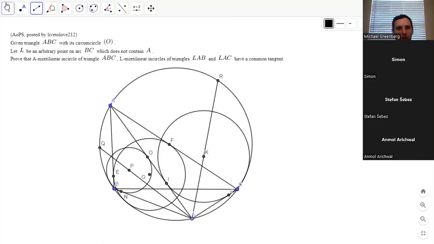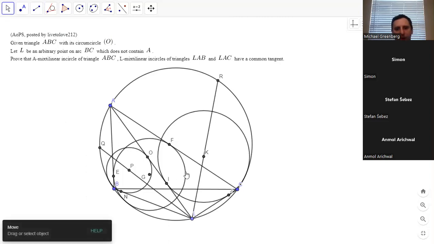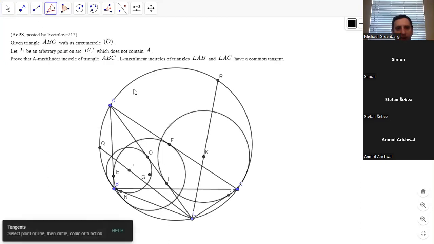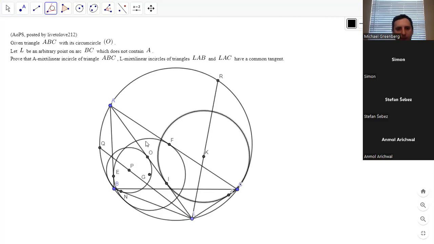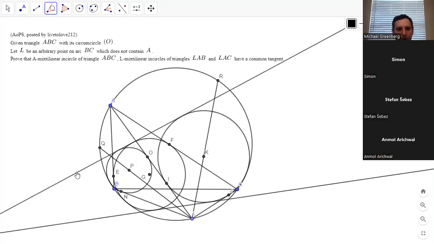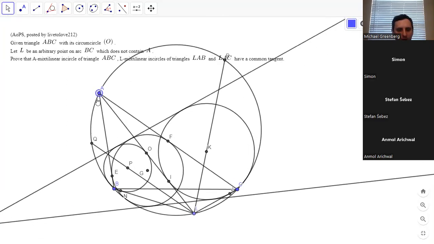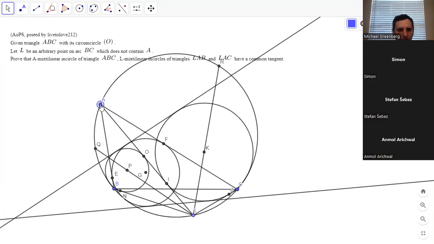So I guess maybe if we wanted to make it more symmetric, we could show that the exsimilicenter of these two circles is the same as what it is for these two. So maybe there's something special about the exsimilicenter. Let's see. Is there something special about that point way down there?